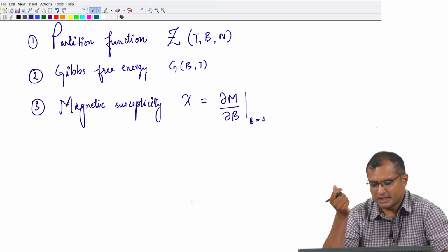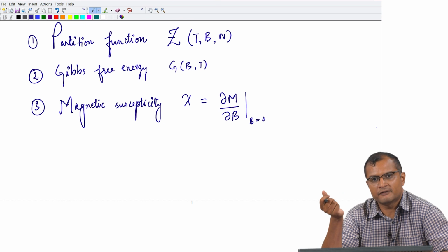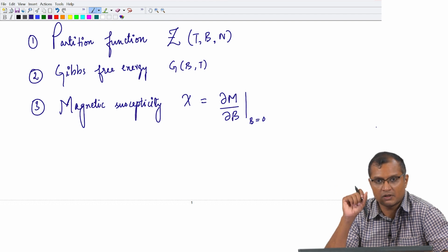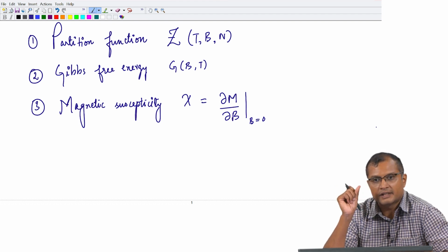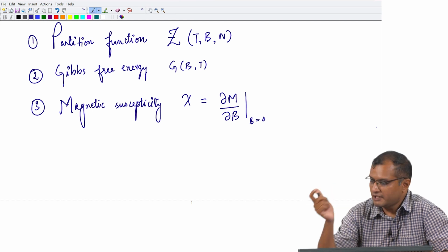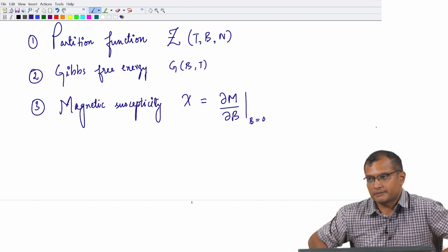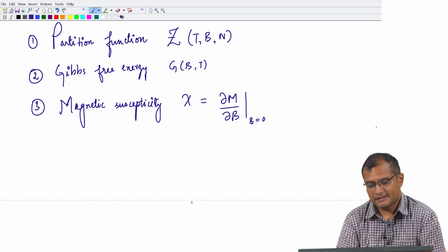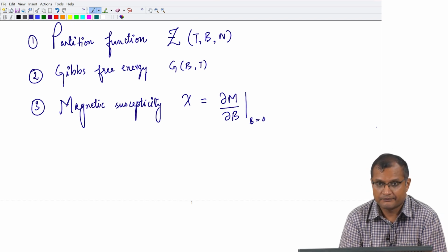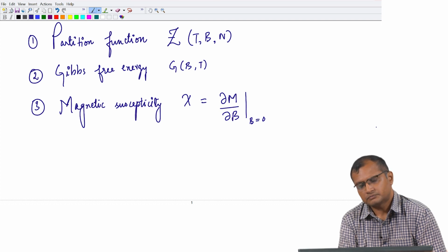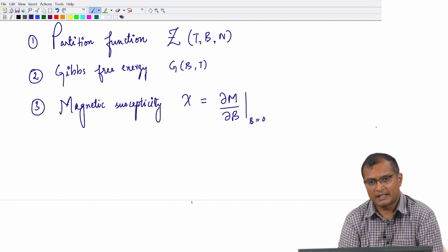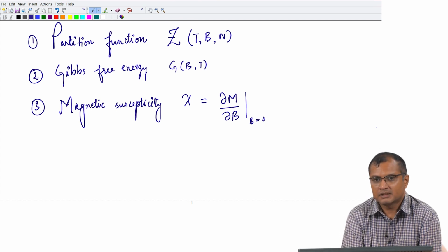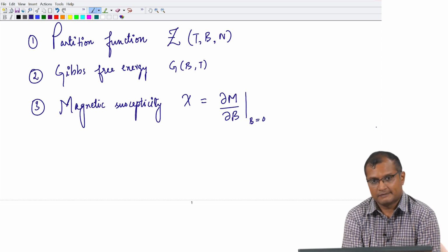And you can show that this susceptibility is a measure of fluctuations in magnetization. See, we are not controlling magnetization in this system, we are controlling magnetic field, temperature and number of spins. Now, the only way you can do it is to allow for magnetization to fluctuate. So, you can also connect this susceptibility to fluctuations in magnetization. It is like saying that in a canonical ensemble, when you had a gas in contact with a thermal reservoir, you kept number of particles, volume and temperature to be fixed.